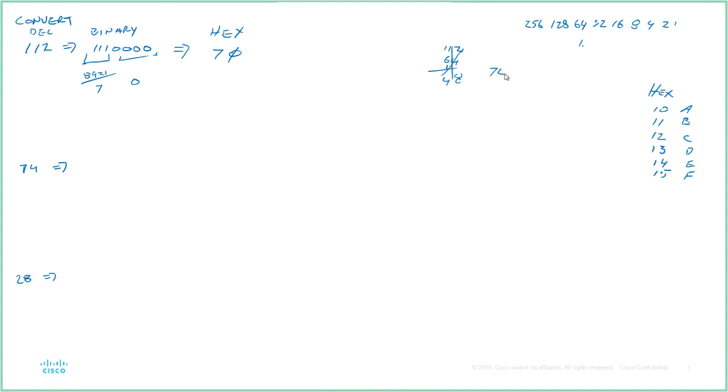So 74 minus 64 is 10. So 32 doesn't fit in there, 16 doesn't, 8 does with 2 remainder. This is now 1, 0, 0, 1, 0, 1, 0.